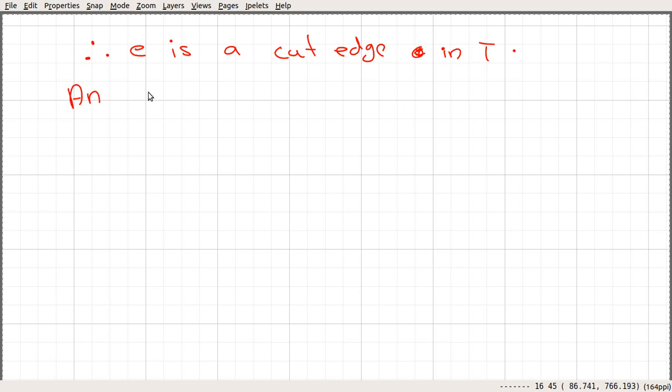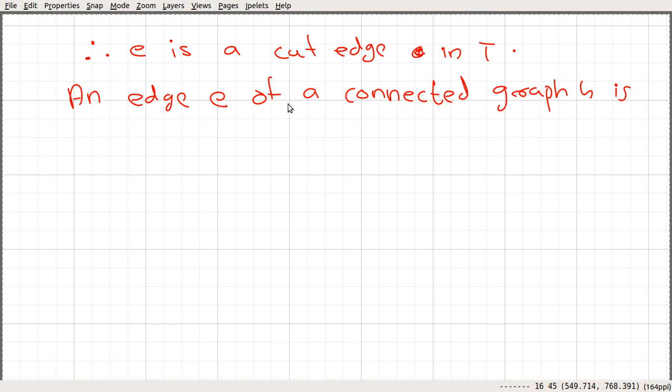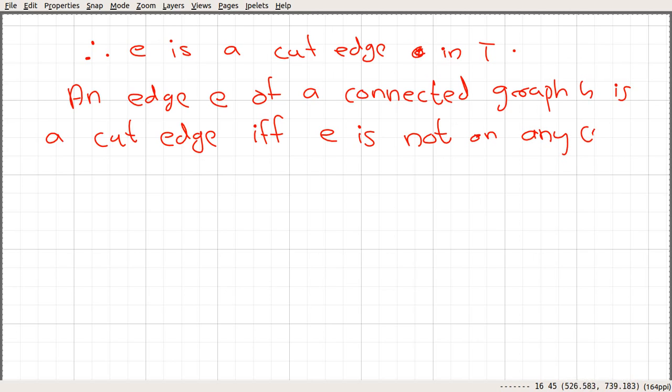An edge E of a connected graph G is a cut edge if and only if E is not on any cycle of G.